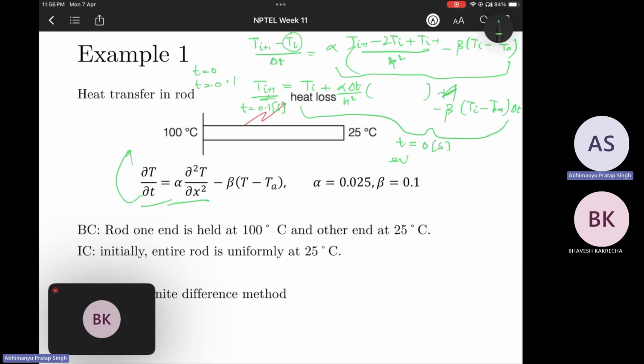So this is an explicit scheme, because these T_i do not depend on the T_i+1, which is yet to be calculated. If I convert it into an implicit scheme, then what happens is that T_i plus alpha delta T upon h.